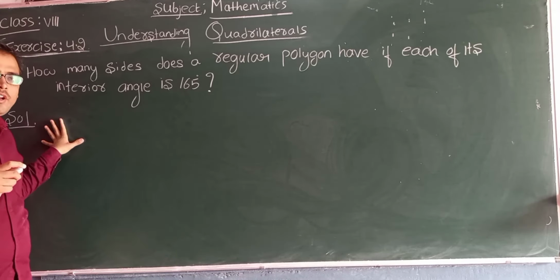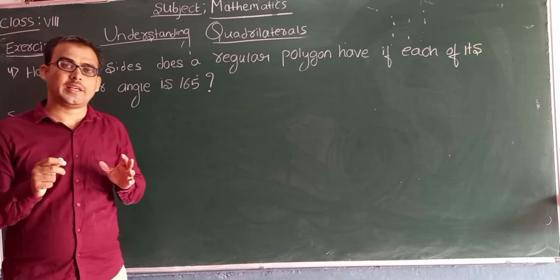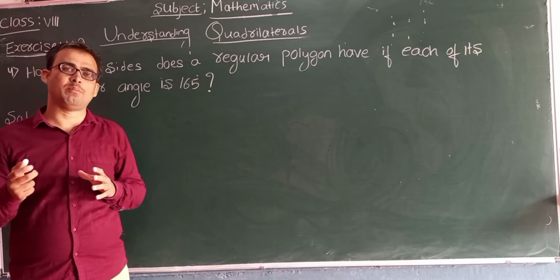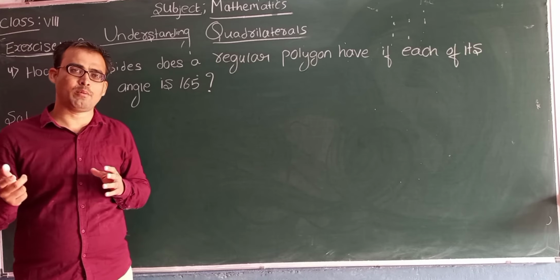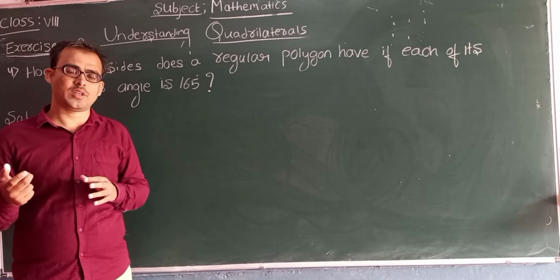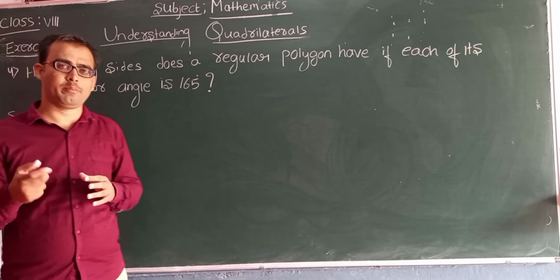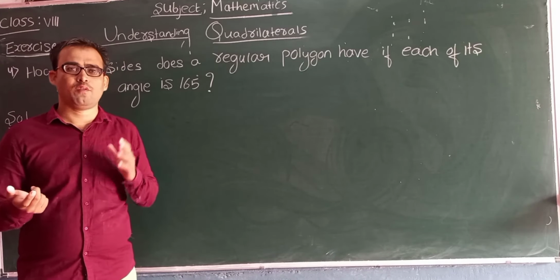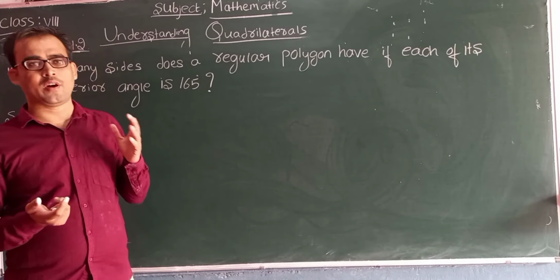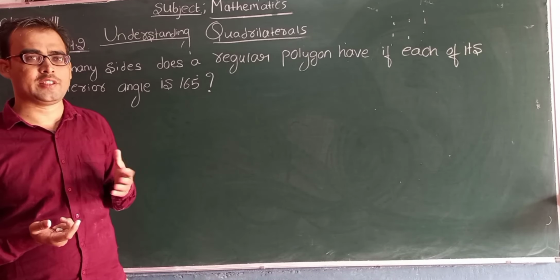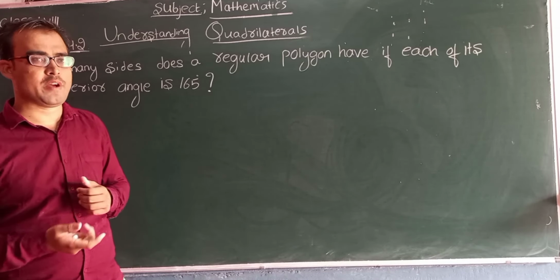So here we cannot use the formula each interior angle equals the sum of interior angles divided by number of sides. Why? Because the sum of interior angles of a polygon is different. For some polygons it is 180 degrees, for some it is 360 degrees, and for some polygons it is 540 degrees.